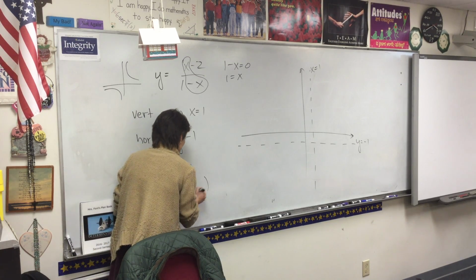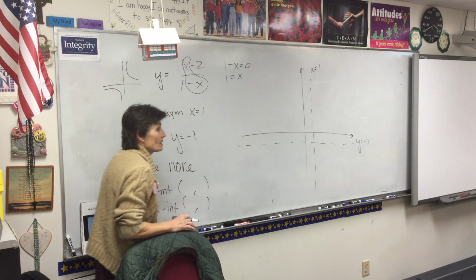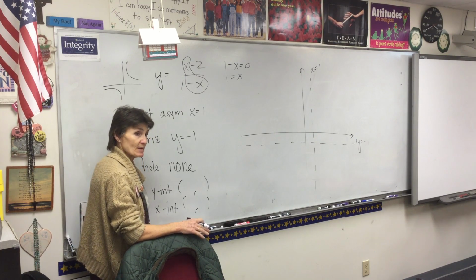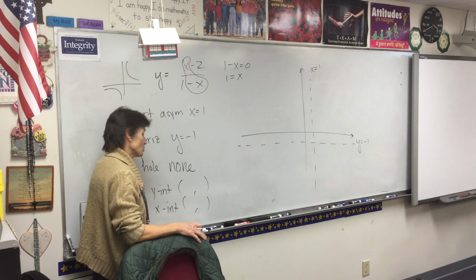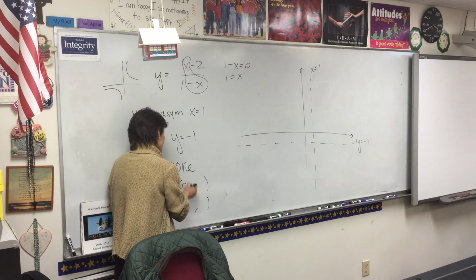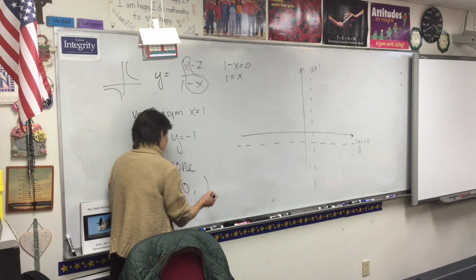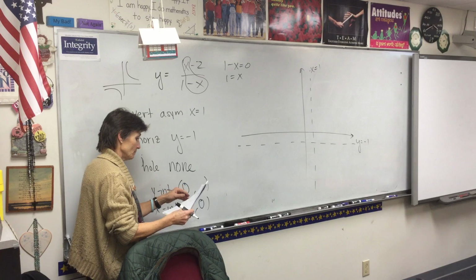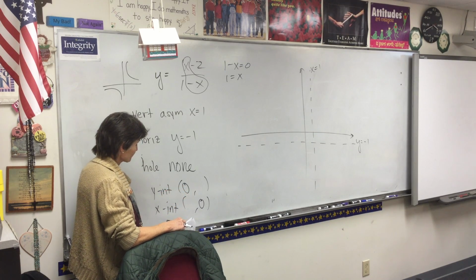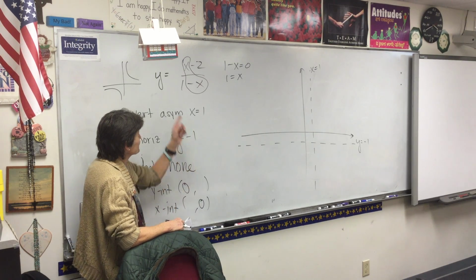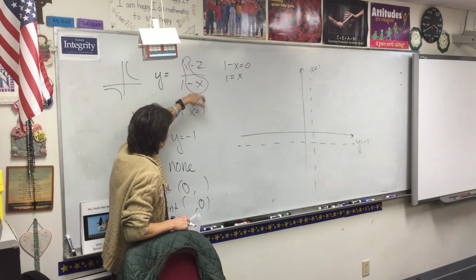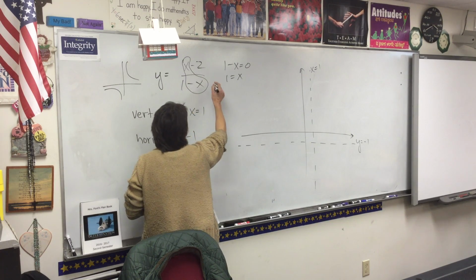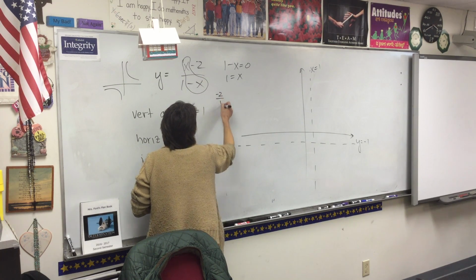The intercepts are points, and they're points that are found by letting each letter be 0 one at a time. So in other words, I'm going to let x be 0, and I'm going to let y be 0. Be careful. Oh, never mind, they're not written down. All right, so if I put in 0 for x, go back up to the original problem. If I put in 0 for x, I have negative 2 over 1, don't I?